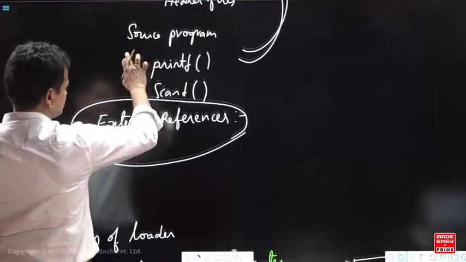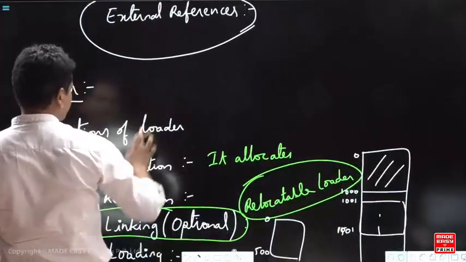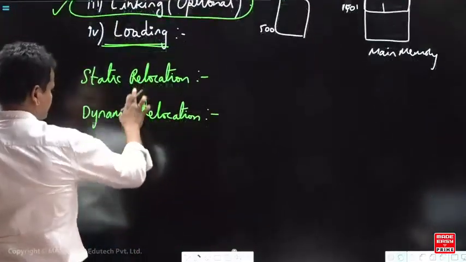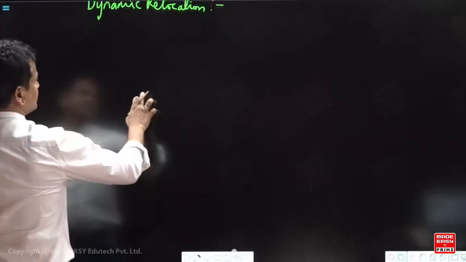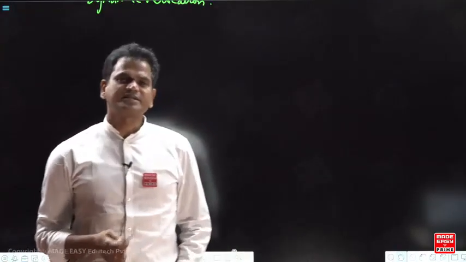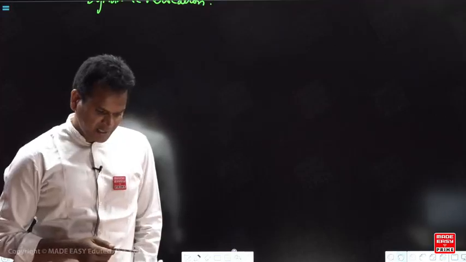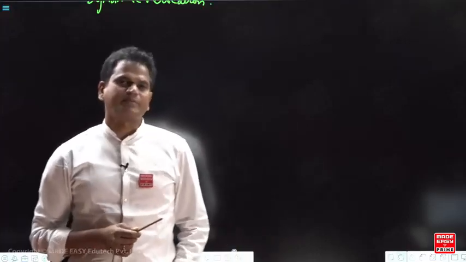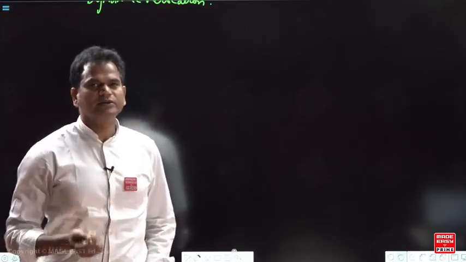We have done two topics. One is language translator and the next one is language processing system. So now, phases of compiler. Before going to the phases of compiler, I will give you the different types of compilers. Then I will go to phases of compiler.